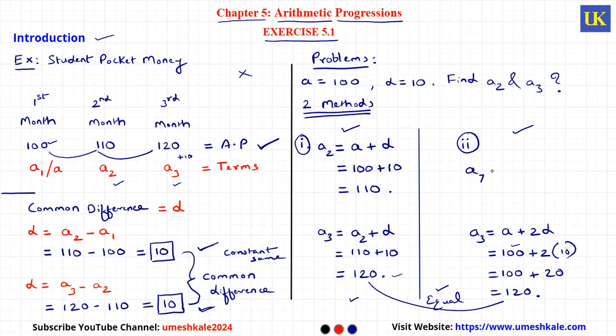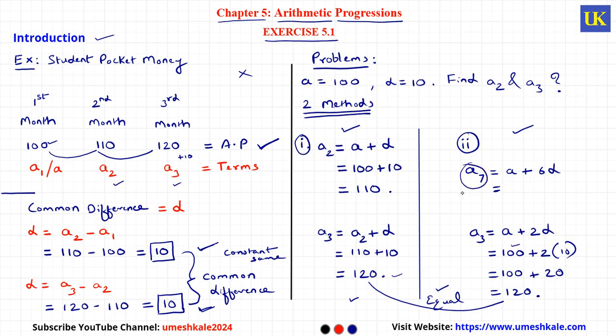Similarly, if we want to find a7, then we write a plus, one time we reduce the d, so we write 6d. One time it is captured here, and one time you reduce from 7, which is 6d. Now when you find the answer here, you will get exactly the answer for a7.